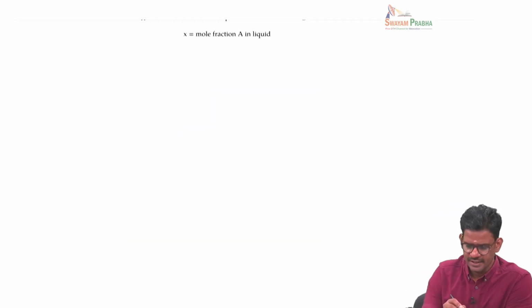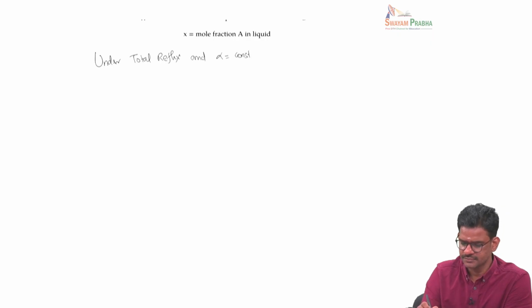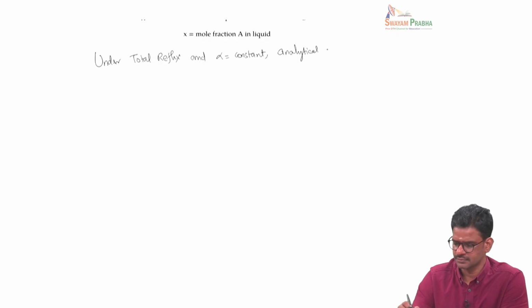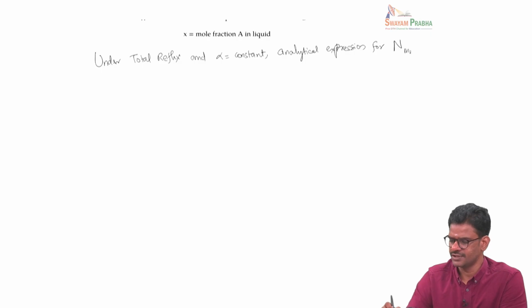So we would like to calculate, under total reflux and alpha constant, the analytical expression for minimum number of stages, n minimum.